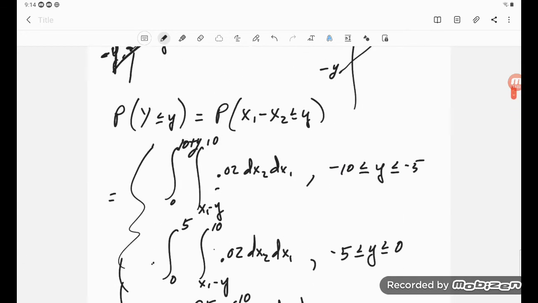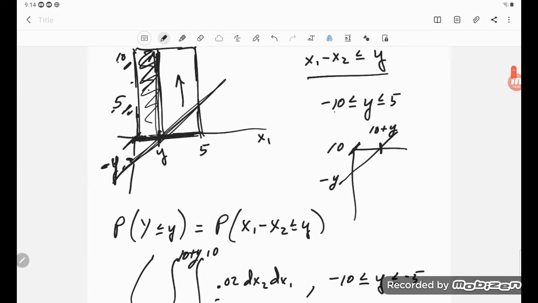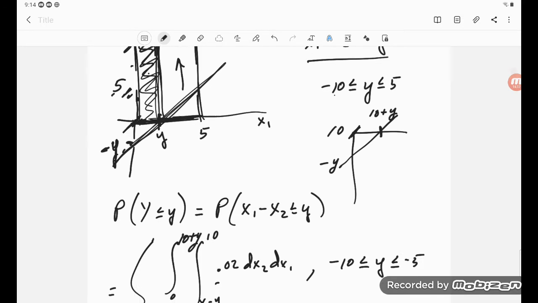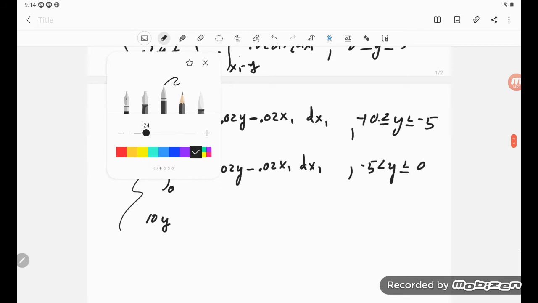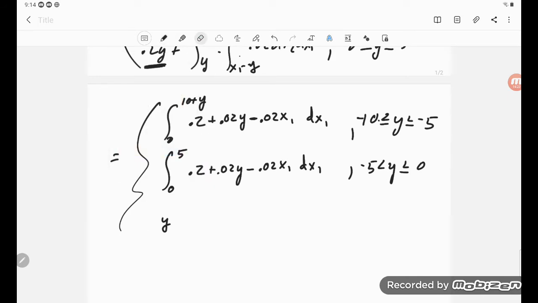Because you're just doing an integration up here. With that rectangle, I'm just doing the integration. But the integration is the base area times the height, height as in a rectangular prism, and the height is 0.02. So I've got my 10y times the 0.02, and so I almost messed that one up.